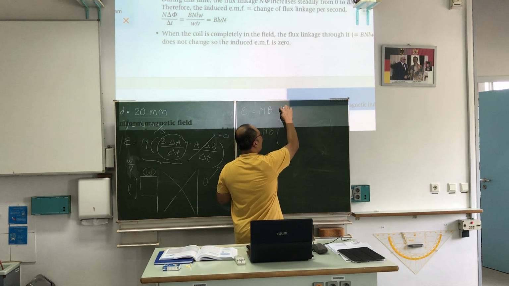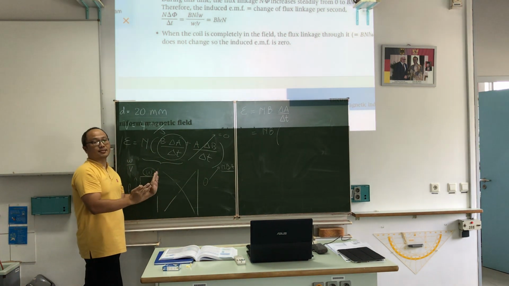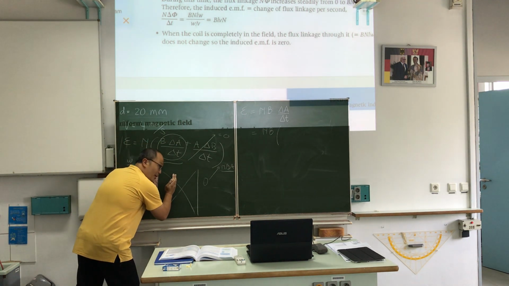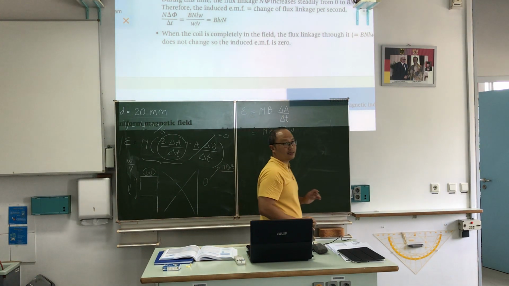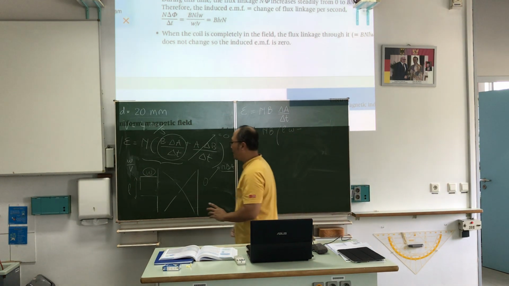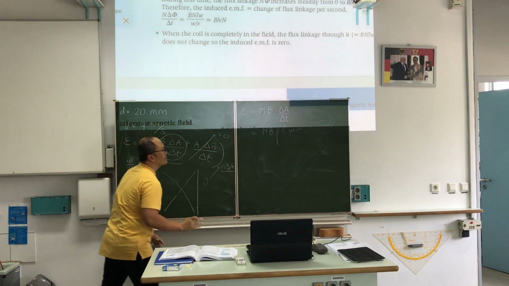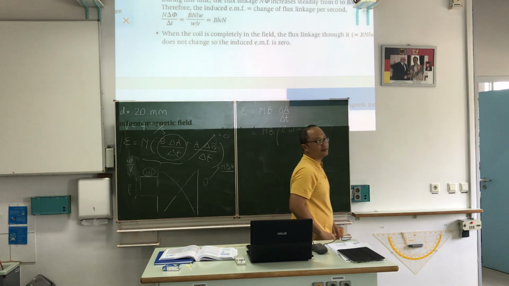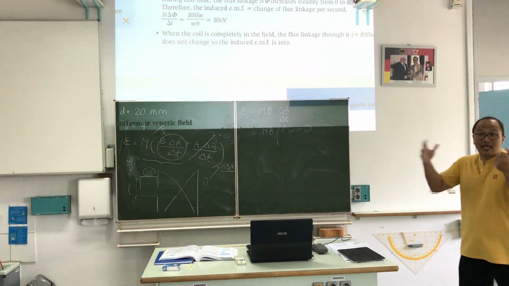The A at the last moment, as it is completely inside, is L times W, correct? And the A as it hasn't entered the magnetic field is 0. Are you with me, guys? So it is the final minus the 0. This is just one example of a change of area.